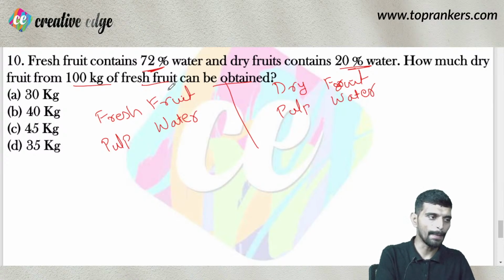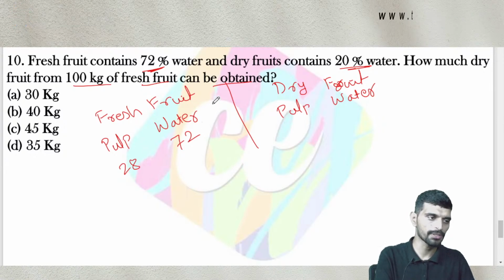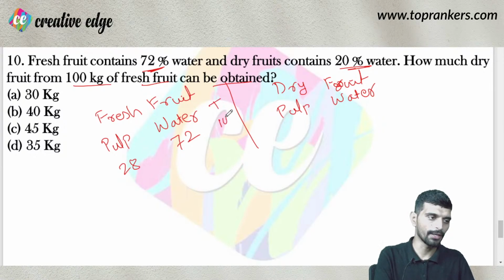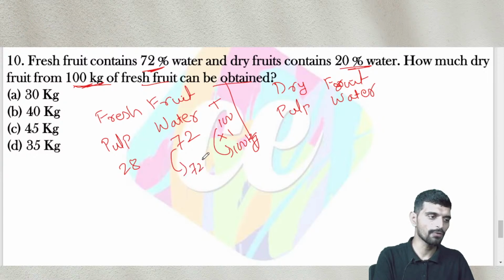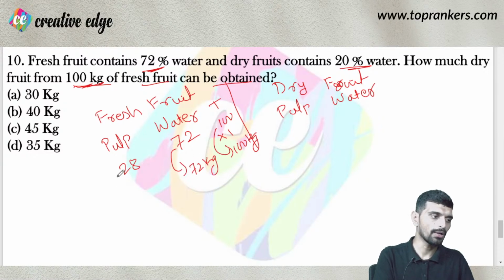In the original fresh fruit, the content of water was 72%, that means the content of pulp must be 28%, and in total it will be 100%. And this 100% is equal to 100 kg. It is mentioned here, fresh fruit 100 kg. So the multiplier is 1. So 72 kg of water is there and 28 kg of pulp is there.